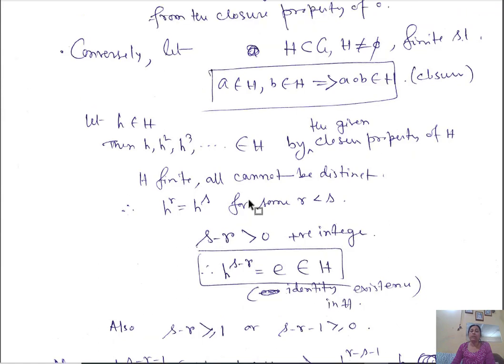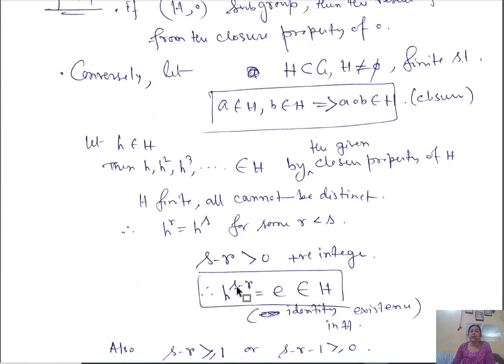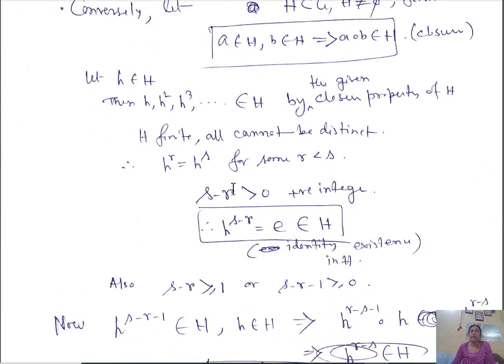If you consider h to the power s minus r minus 1, that is essentially the inverse of h. Since s minus r is greater than 0, s minus r is greater or equal to 1, that means s minus r minus 1 is greater or equal to 0.